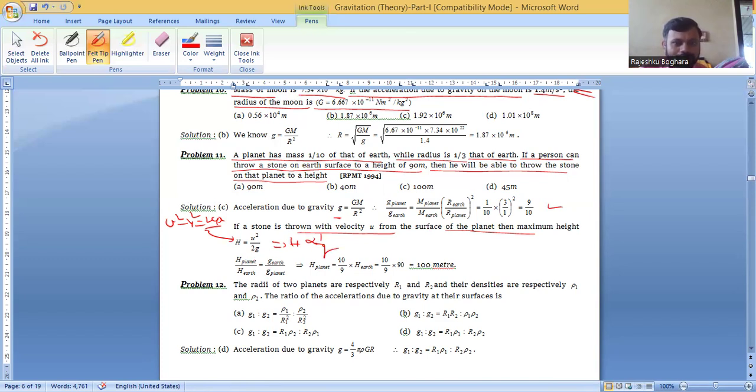Here g Earth by g planet is 10/9. h Earth is equal to 90 meters. 90 into 10/9, the 9s cancel, so 100 meters. Okay, remember this, such questions come.